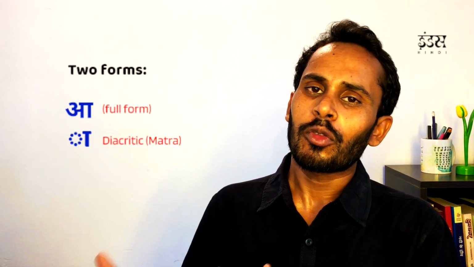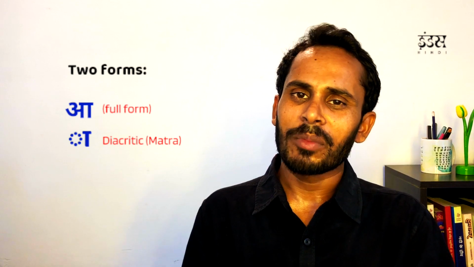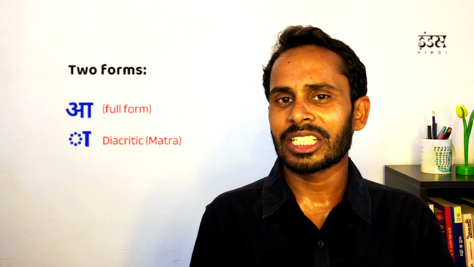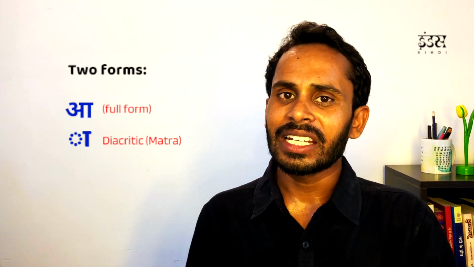One is the full form, which is used at the beginning of a word or following another vowel, and the other form is the abbreviated form, or matra form. It's a diacritic, right? Diacritic of vowels. The diacritic form is used after consonants. The shorter representation, or the diacritic of the vowel, is just a vertical line attached after a consonant.